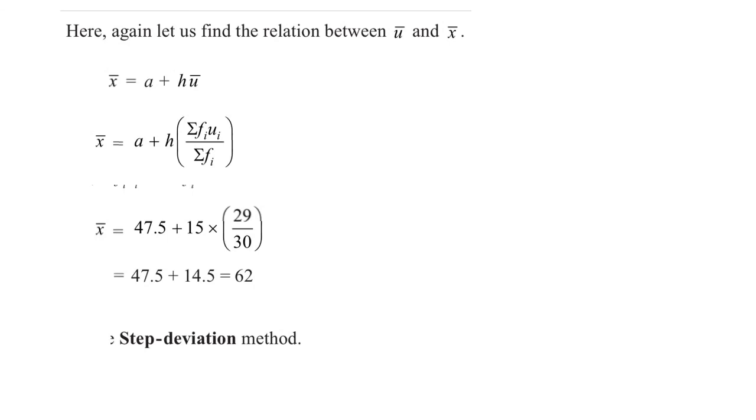You can apply any method you like, the mean will still remain the same. The only thing is which method to choose depends upon the size of the numbers, which will make it easy for us to multiply. So take your choice, look at the numbers and see which are easy to multiply, and then go for the method of your choice to find the mean of the grouped data.